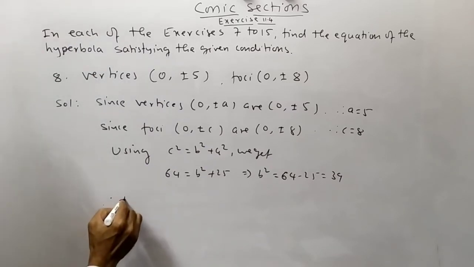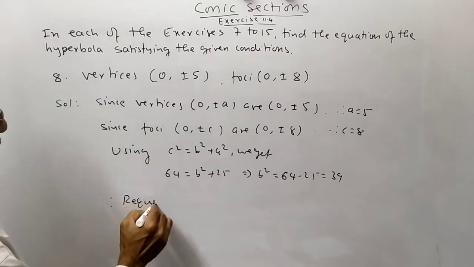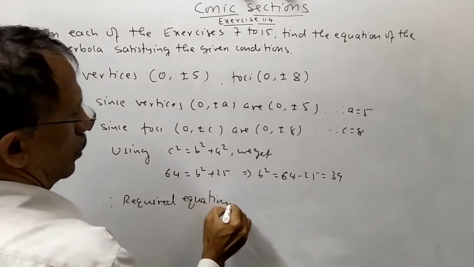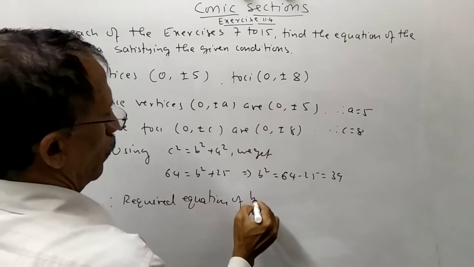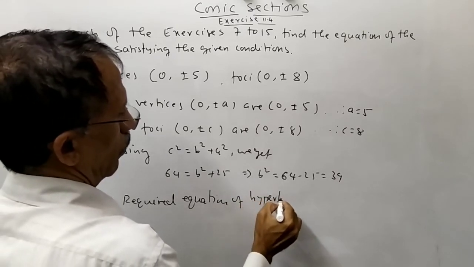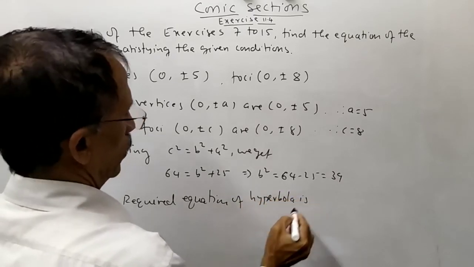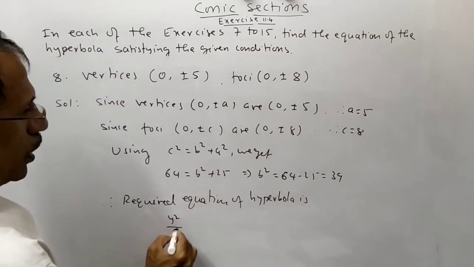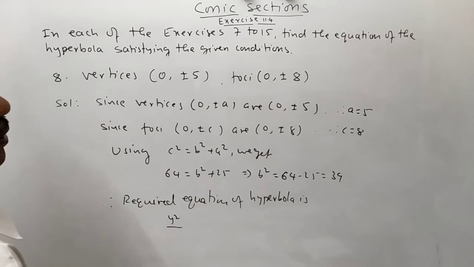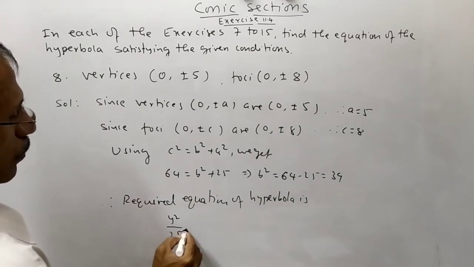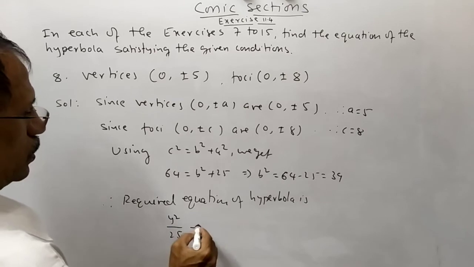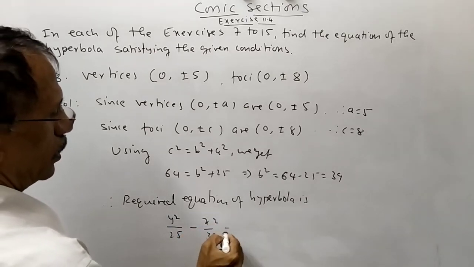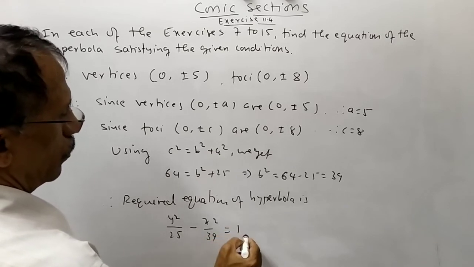Therefore, required equation of hyperbola is y square divided by 25 minus x square divided by 39 is equal to 1.